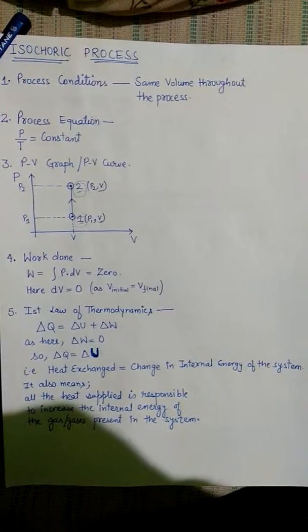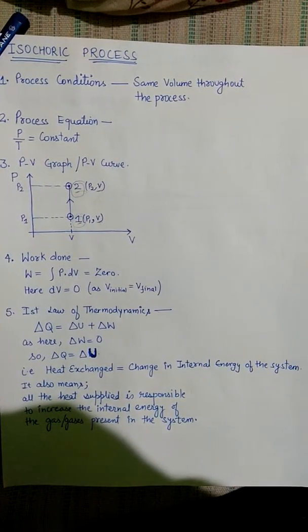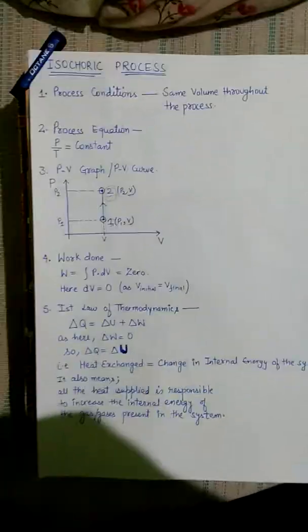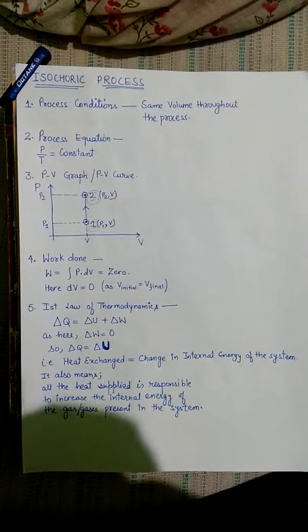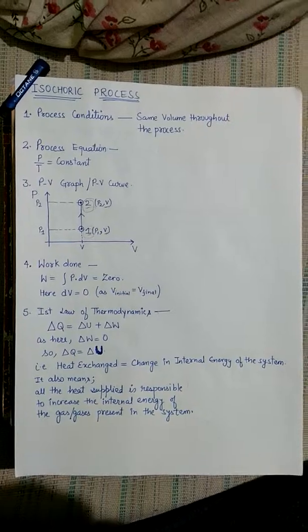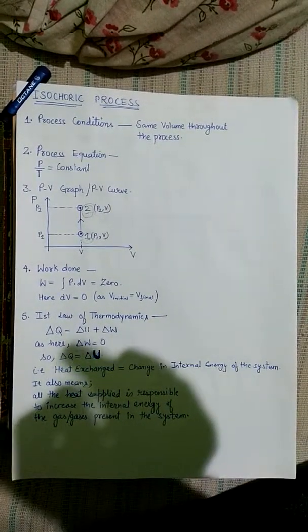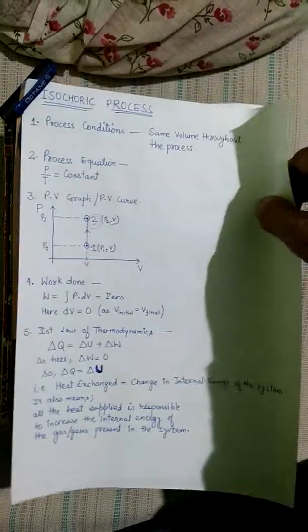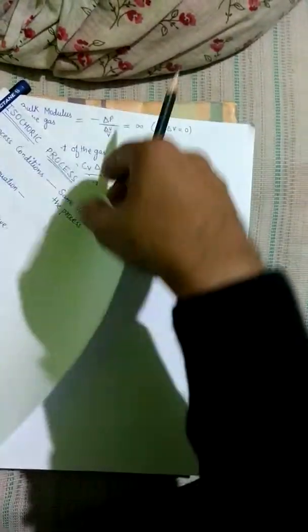All the heat which we are supplying is responsible for increasing the internal energy of the gases present in the system. What does that mean? That simply means that the gases are moving much more randomly in the system.